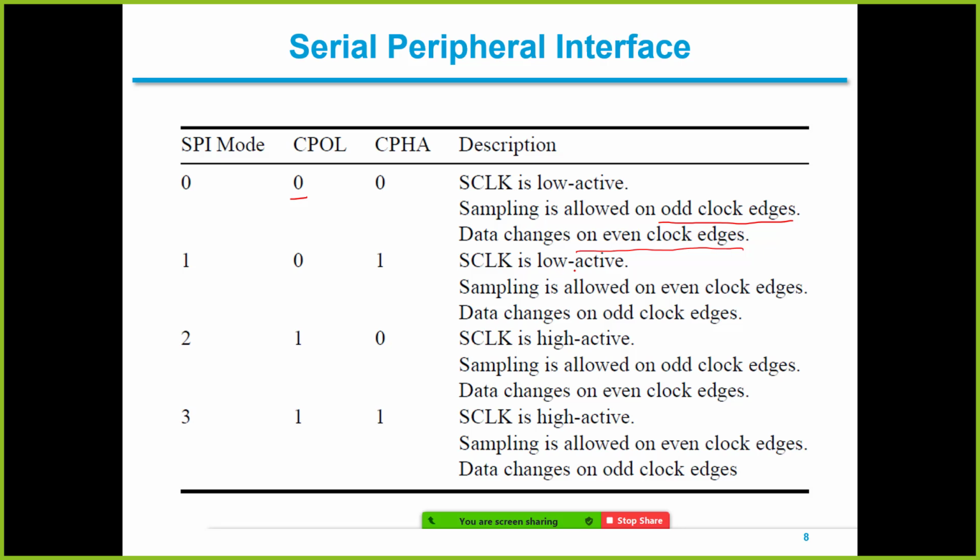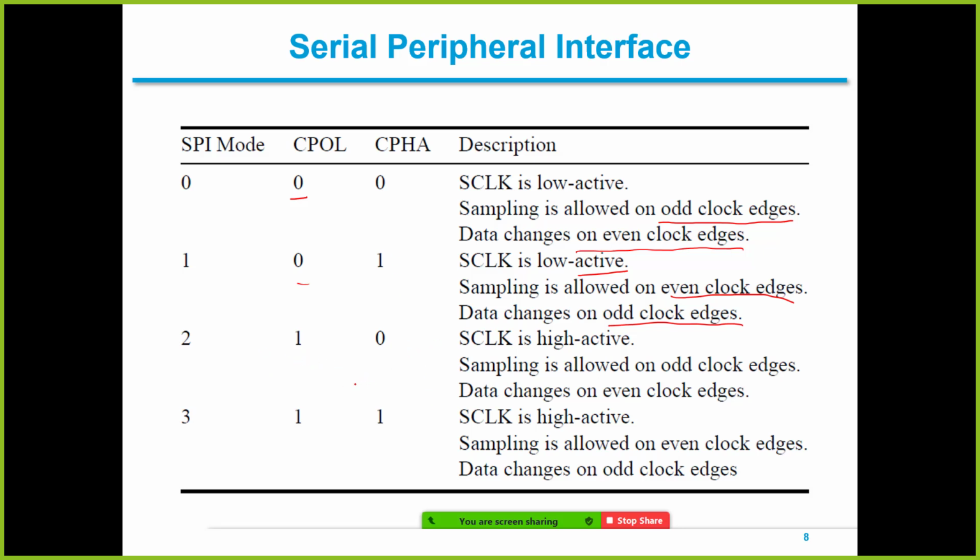It's still low active, because it's 0. But the sampling is allowed on even clock edges, and the data changes on odd clock edges. You can see the sampling and data change depend on the value of the clock phase.